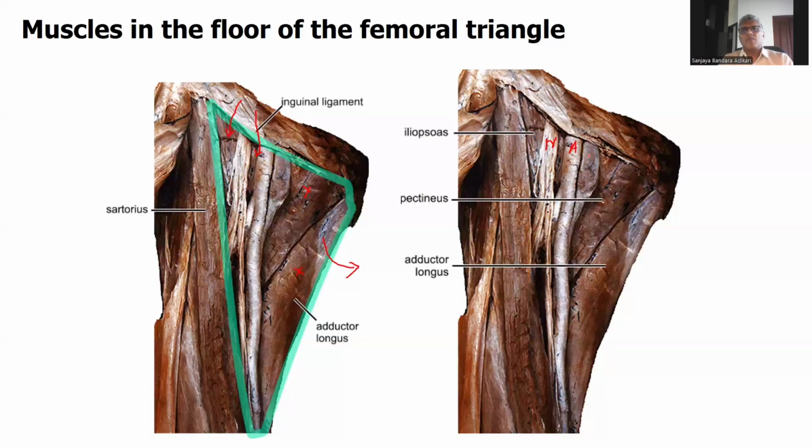Okay. Femoral vein lies over the pectineus muscle. This is pectineus muscle. Okay. So nerve over the iliacus, artery over the psoas tendon, vein over the pectineus. Now the thing is, if you take iliacus and psoas as iliopsoas, then nerve and artery lie on the iliopsoas. Okay. And vein lies on the pectineus.